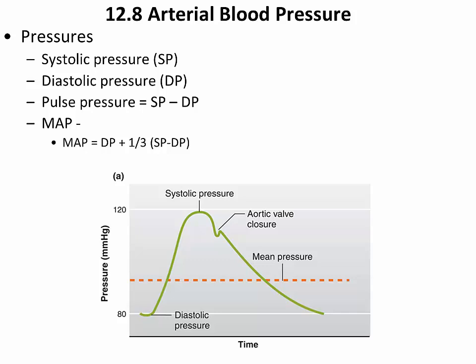This is because more time is spent in diastole than systole, and so to calculate the mean pressure at all times in the arteries, you have to take into account the fact that diastole is longer than systole. Mean arterial pressure is a useful number because it describes the pressure that's driving the blood through the circulatory system all of the time, taking into account both contraction and relaxation of the heart.